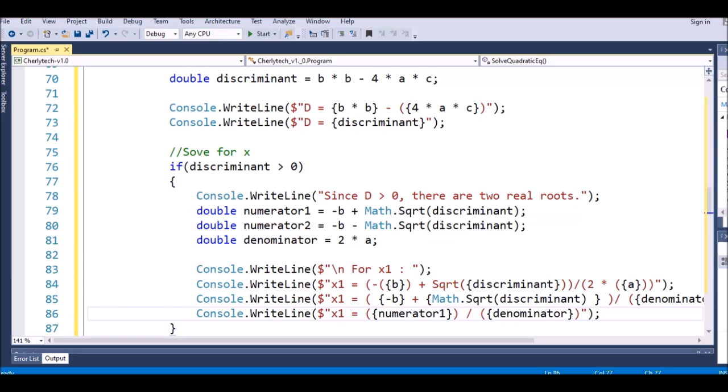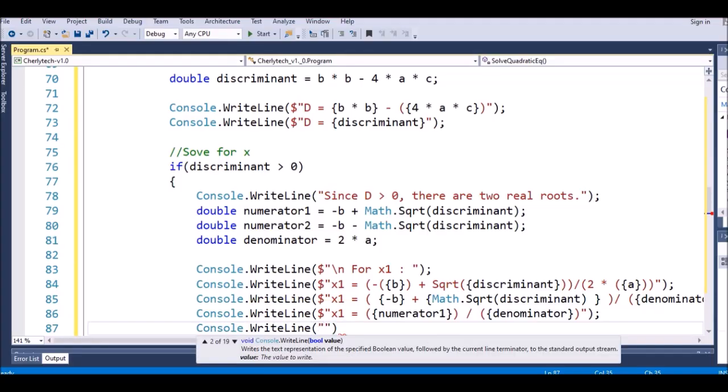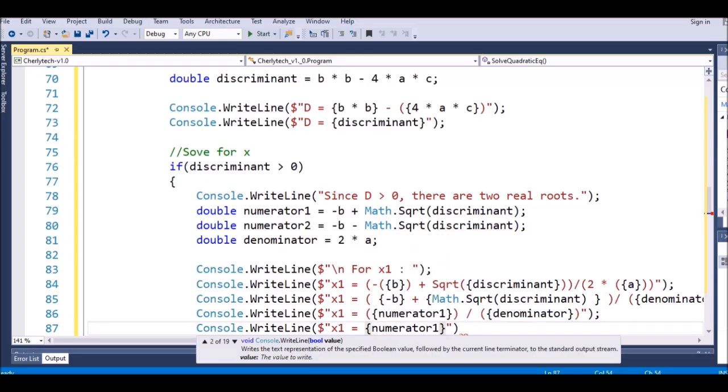So after that, we go for console dot write and here x1 equal numerator 1, right?